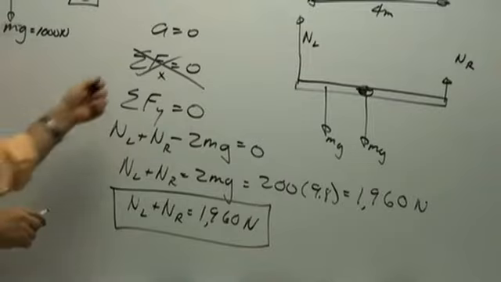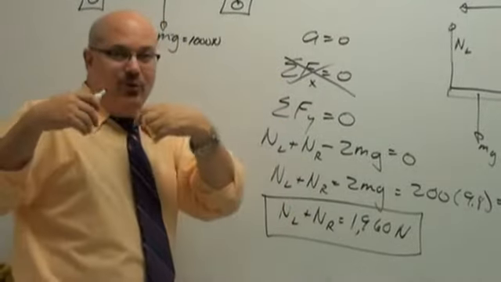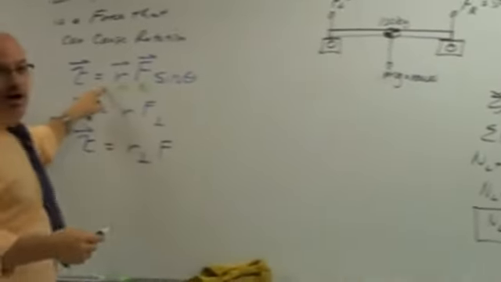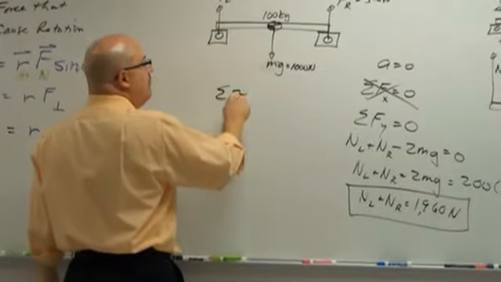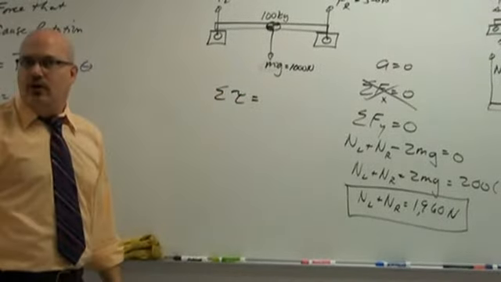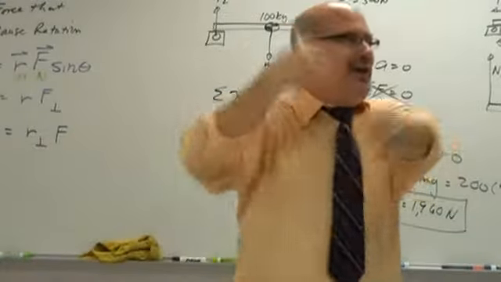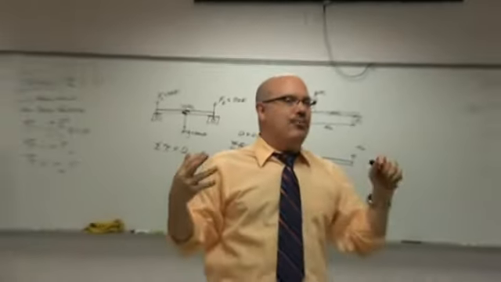Okay, look, my x one doesn't help. The y one gives me this. What else do I have? Well, you need to know the torque equation, don't you? Torque. Hey, look, the sum of the torques equals 0. Why does it equal 0? Because it's not doing anything, right? Okay, everybody, this is called a static equilibrium problem.